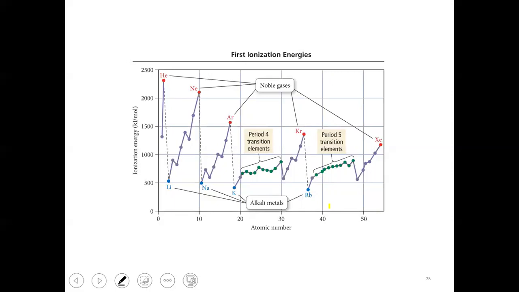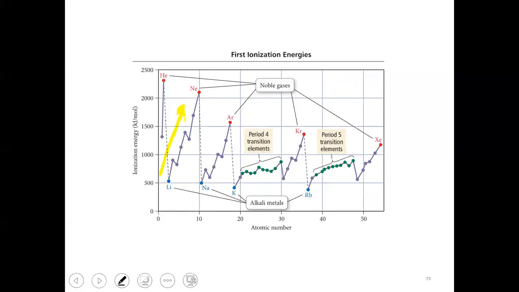In other words, that electron that I'm trying to remove is getting progressively pulled more tightly into the nucleus. It's feeling a stronger attraction to the nucleus. Therefore, it makes sense that within a period, as you go from left to right, with the effective nuclear charge increasing, you're going to have an increase in the ionization energy.